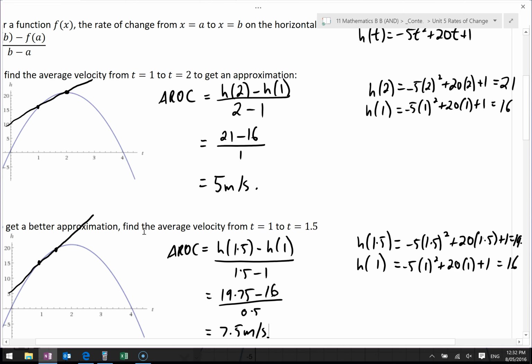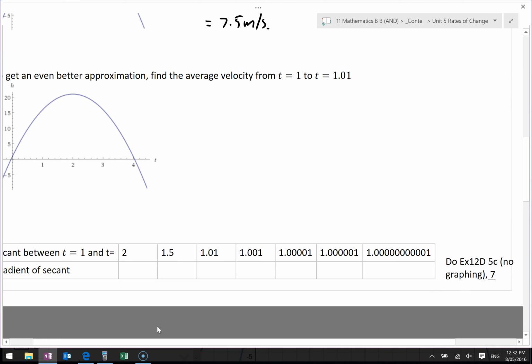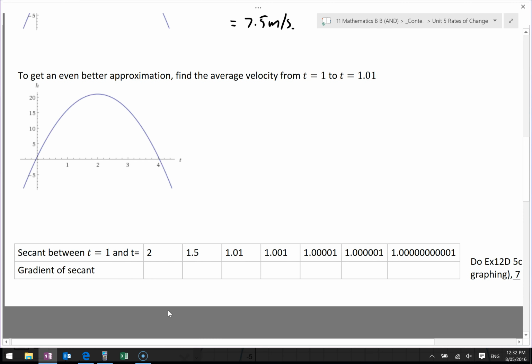Okay, so what we're going to do in this final section, and this is how we'll calculate instantaneous rates of change, is just go from t equals 1 to a point really close to 1. Okay, say 1.01. We'll always just use 0.01 as our approximation.